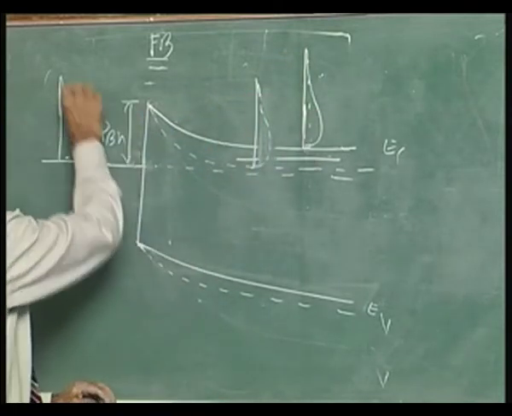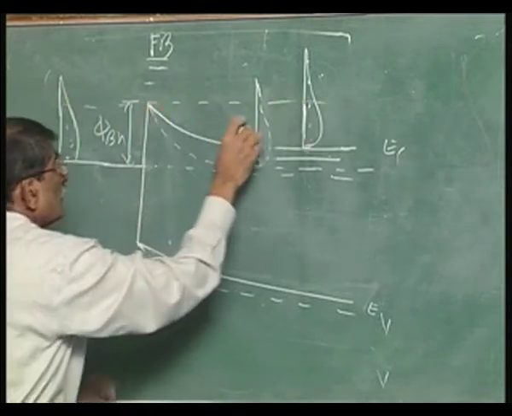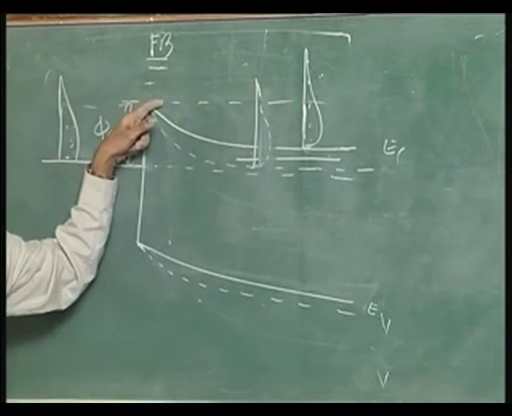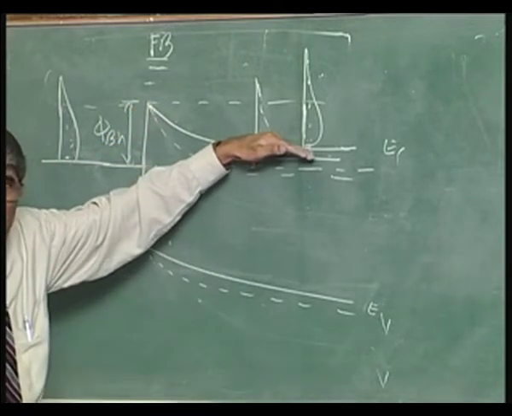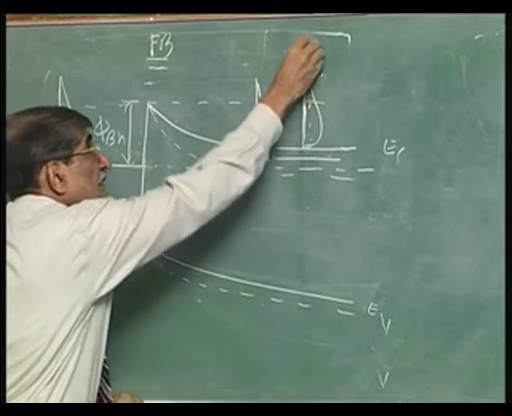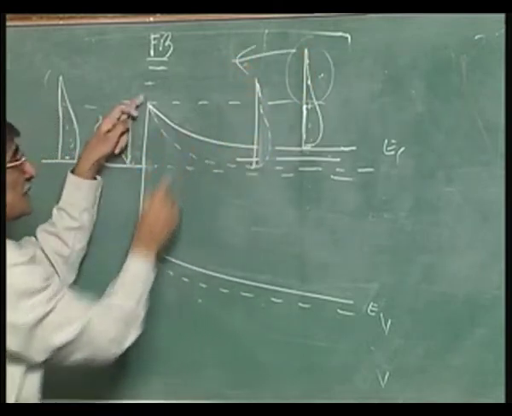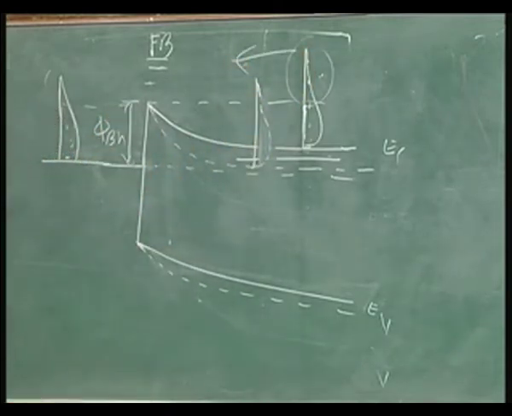That means originally these were balancing each other, thermal equilibrium. Now, since the potential energy has gone up here, more electrons have the energy to cross the barrier from right to left. In fact, the electron concentration goes up exponentially as V by Vt.